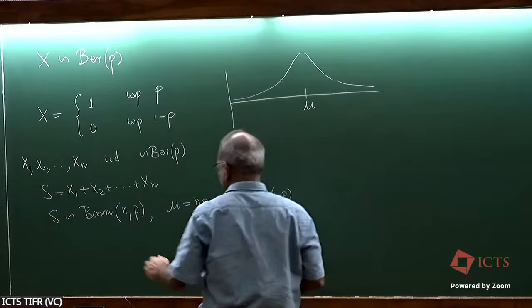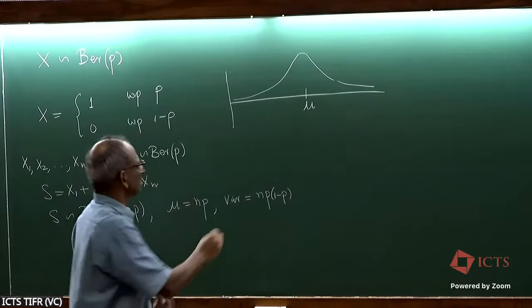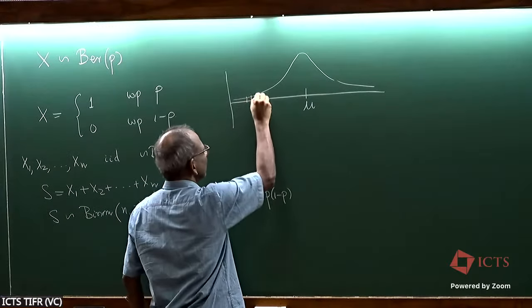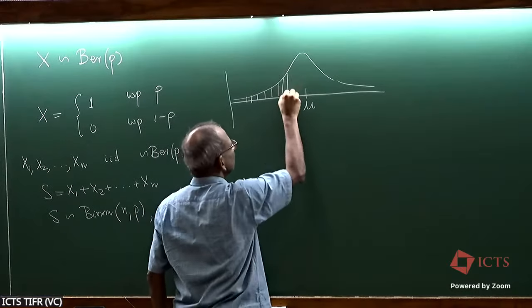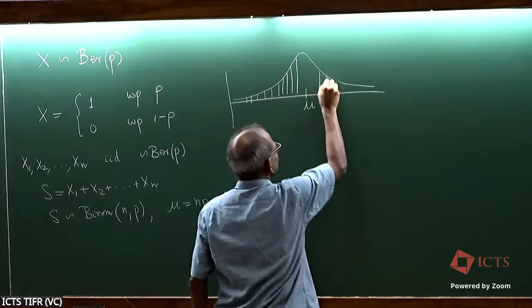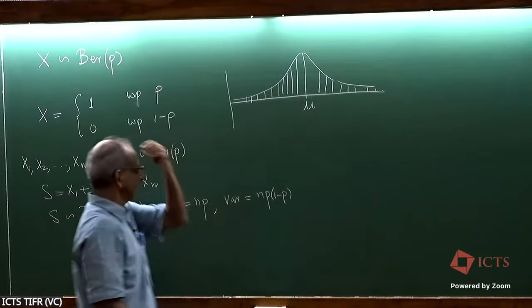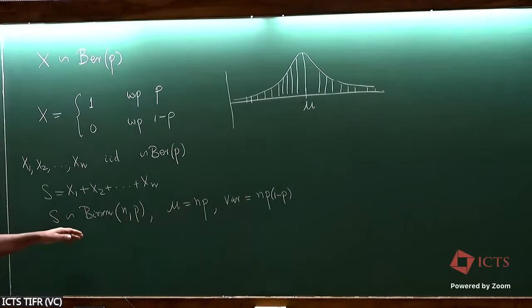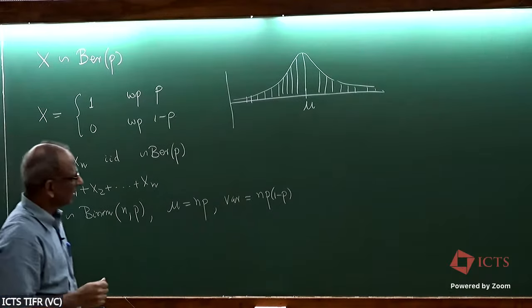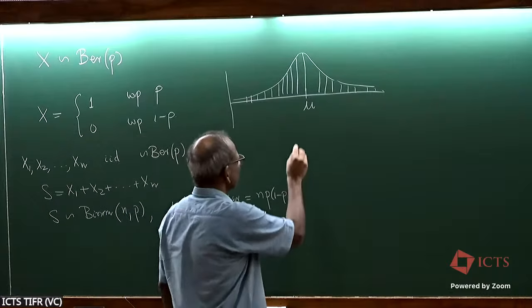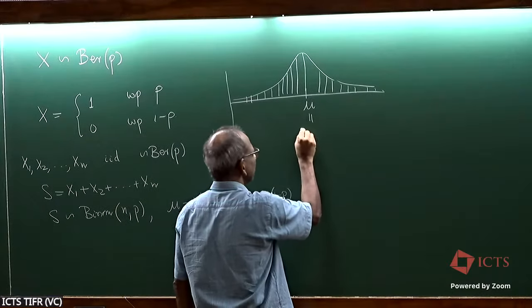Of course, this is a discrete distribution, so I ought to just draw the histogram. So this is what the binomial distribution looks like. So what we'll be interested in today, so this mu is n times p.